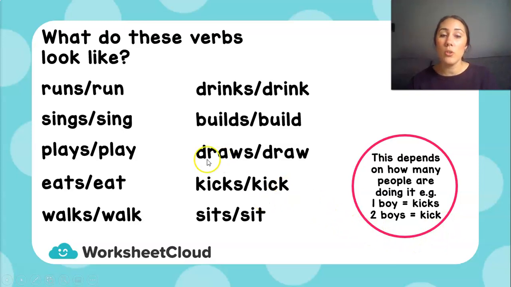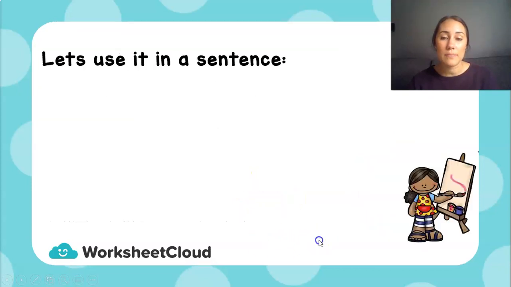So if there are two children, the children will draw a picture. But if there's one boy, we say the boy draws a picture. So how many people are doing it is going to determine if we're going to use the first one with the S or the second one without the S.